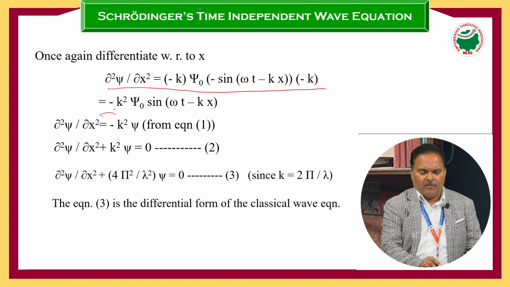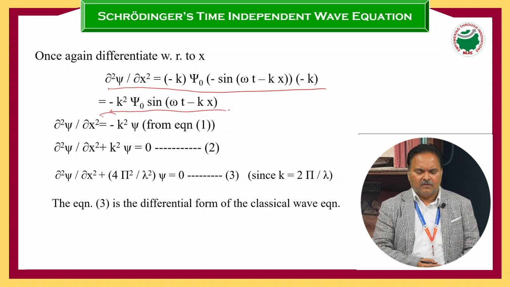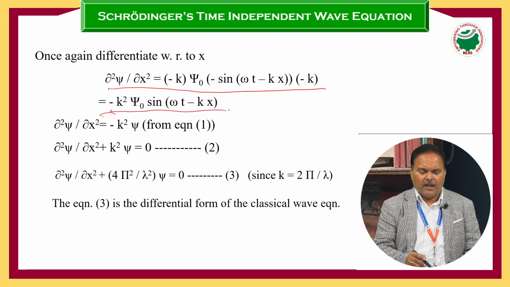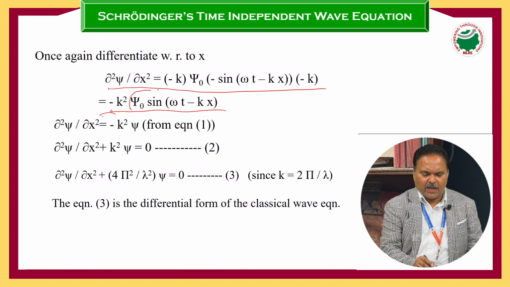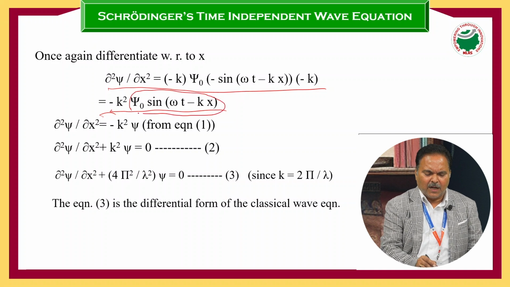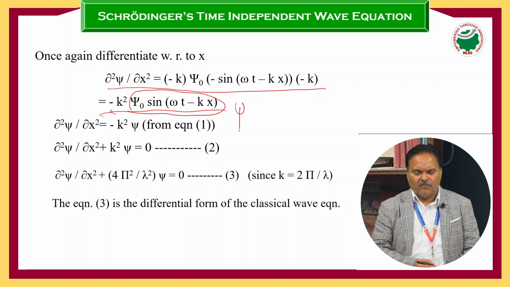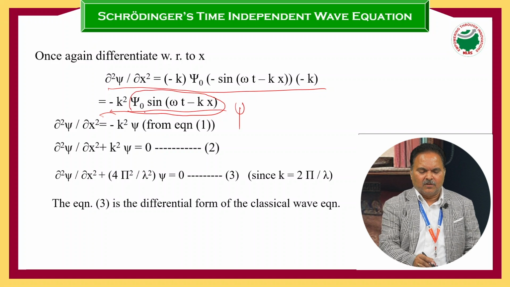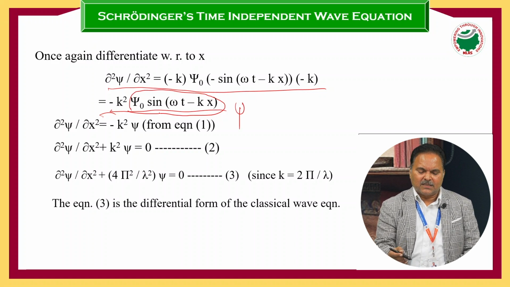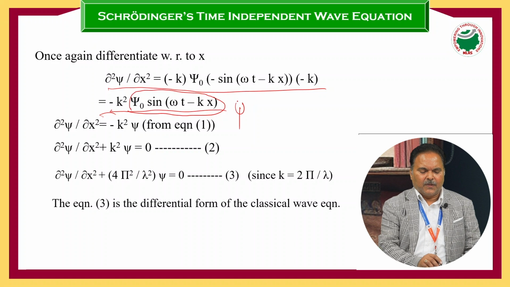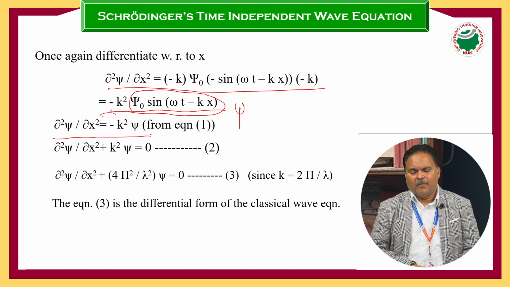We know that psi naught sin(omega t minus kx) is nothing but psi in the wave equation. Substituting psi, dou square psi by dou x square is equal to minus k square psi.